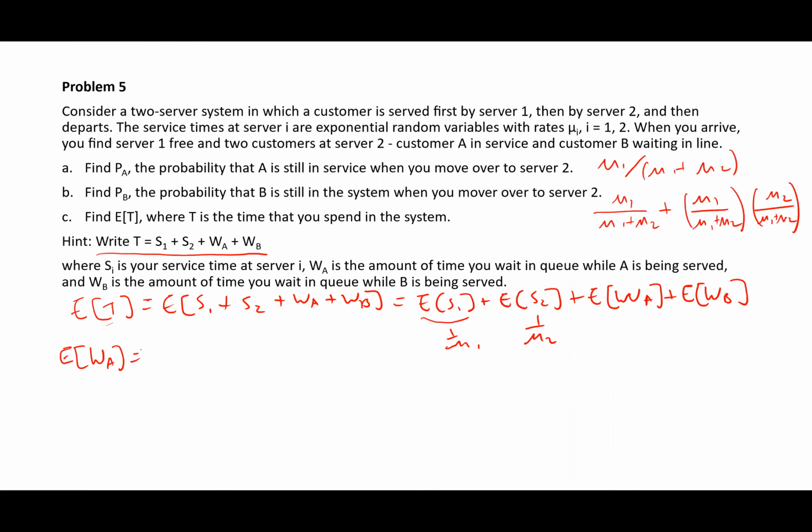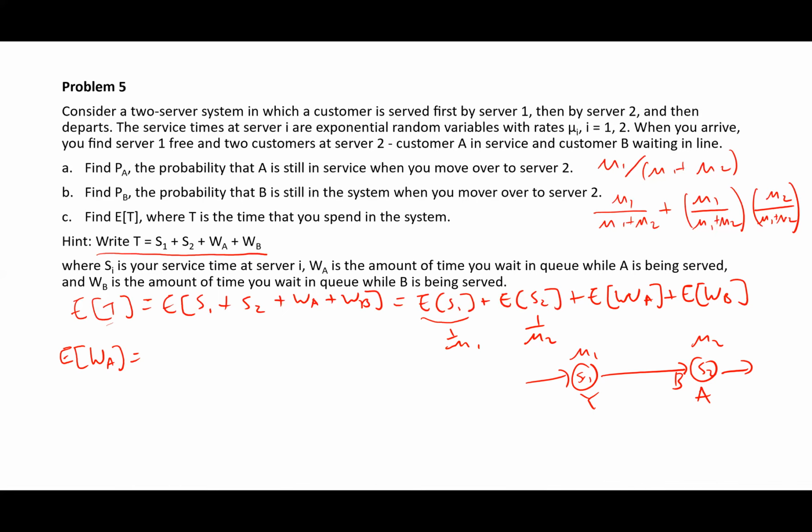If you look at the picture again, A is already in the system, already getting served at server 2, and this has a mu2 distribution. B is waiting for A, and then I just entered the system and began service at server 1, and that's me right there. So that's Y or U. So you're at server 1, person A is in server 2, and person B is waiting for service at server 2.